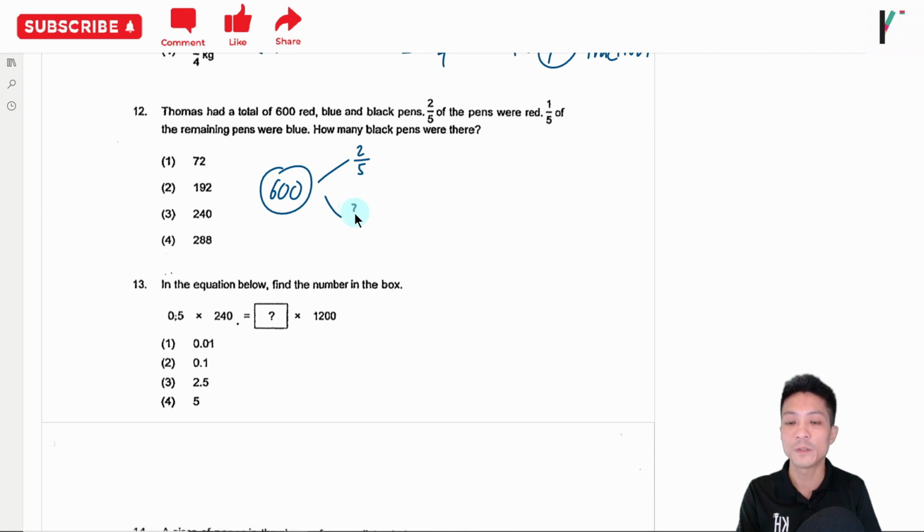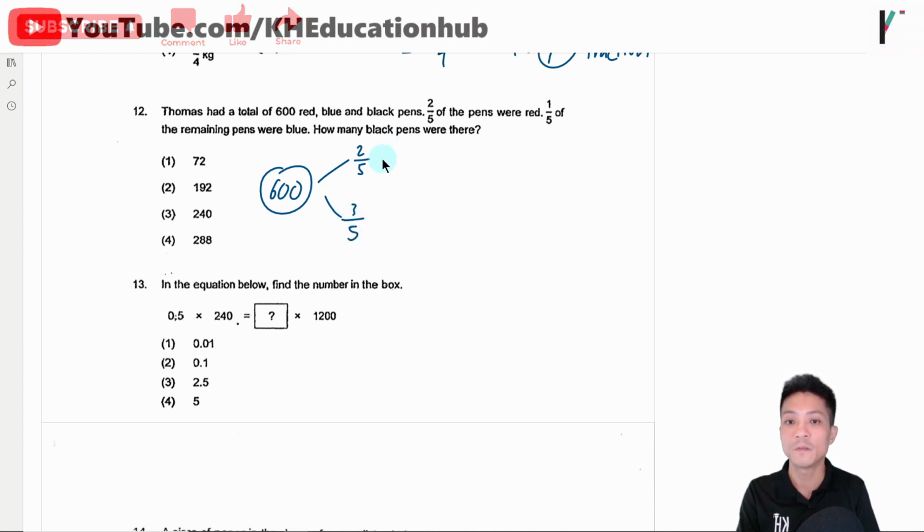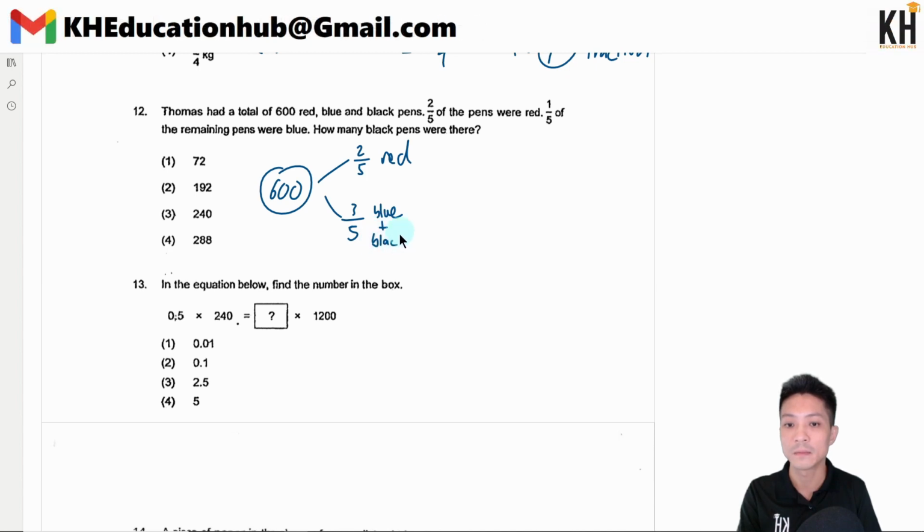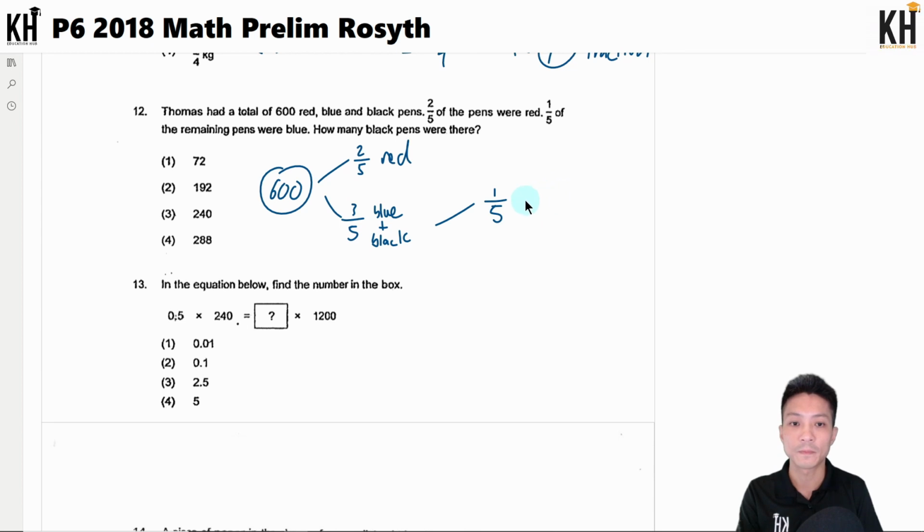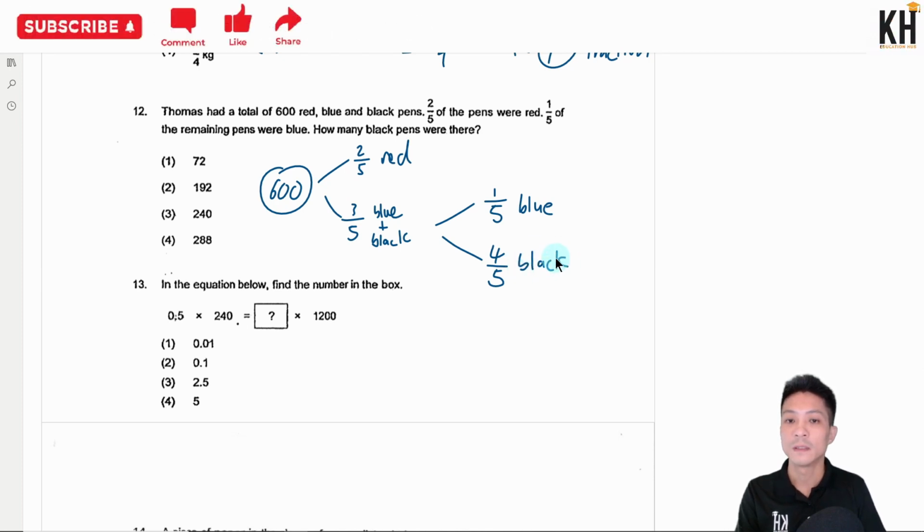2/5 are red, so 3/5 remain. This 3/5 will be blue plus black. Out of the remainder, 1/5 of the remainder are blue, and that means 4/5 of the remainder is black.